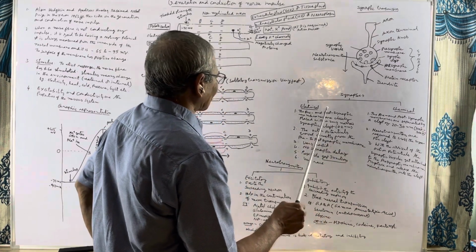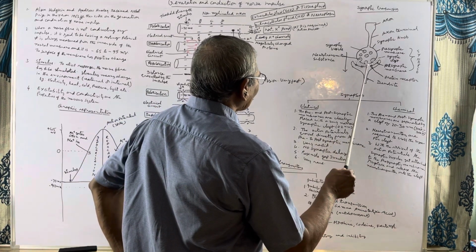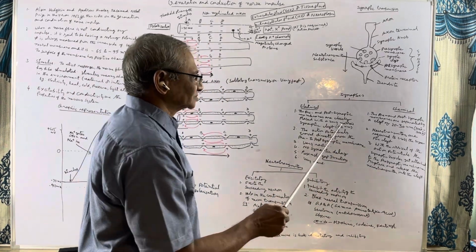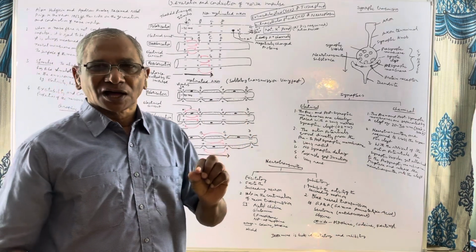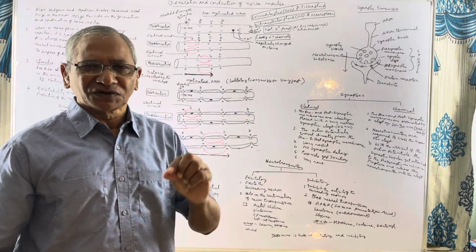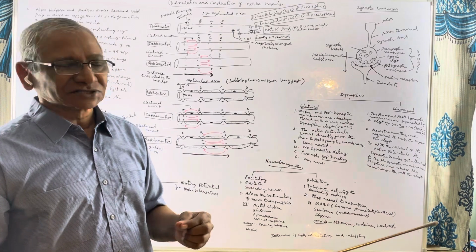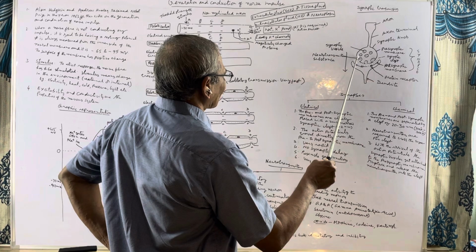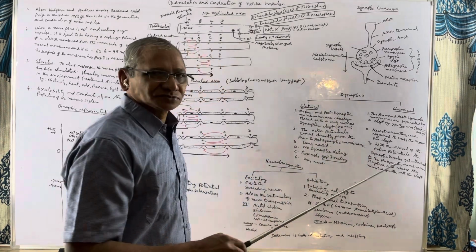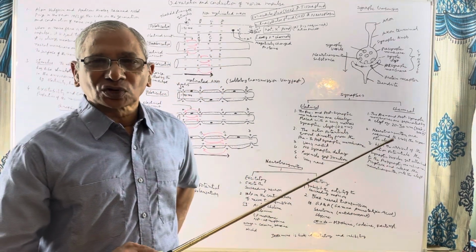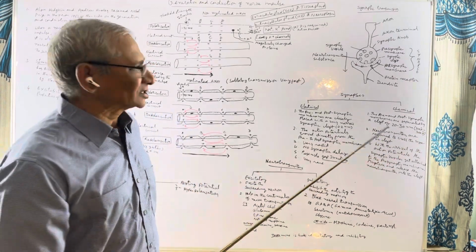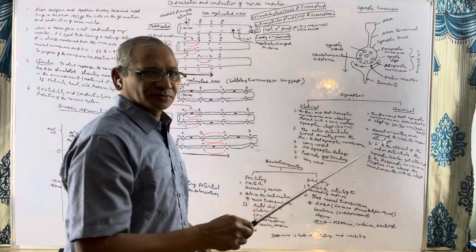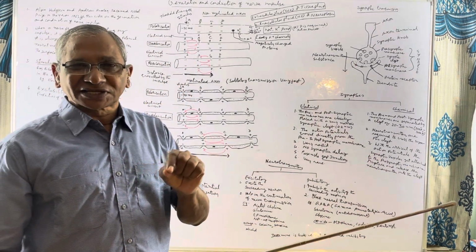Then coming to the electrical synapses, the synaptic cleft is very narrow, only about 0.2 nanometers. That means almost very close. So what happens? The action potentials jump from presynaptic membrane to postsynaptic membrane. It requires no neurotransmitter. Because they jump from here to here, the transmission across the synapse is electrical.